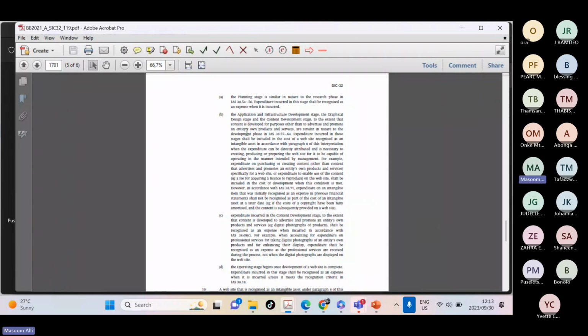Then you look at the next phase, which is your application and development phase, and you'll see the costs that they give you, and then you'll say whether this is an expense or it must be capitalized. Now, in most cases, these will end up being expensed because a lot of these costs are for promotional purposes.